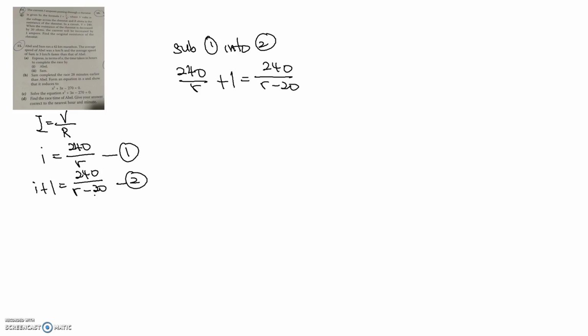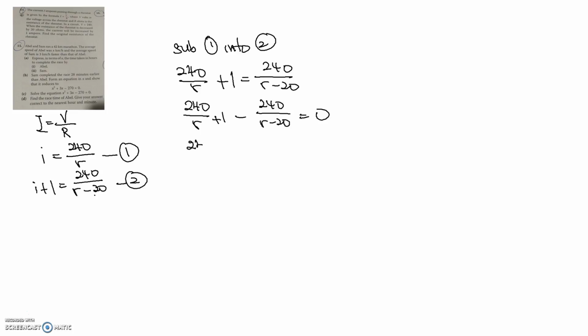So what I'm going to do is group my terms on one side: 240 over R plus 1 minus 240 over R minus 20 equals 0. Now I need to make everything into a common denominator so that I can start working on it. In this case, the common denominator will be R times R minus 20.